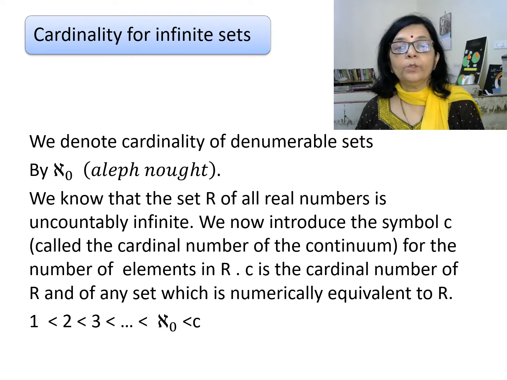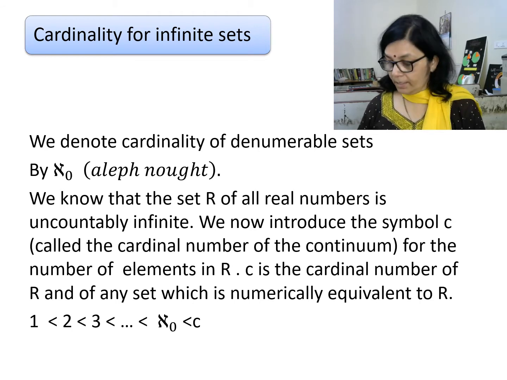We now introduce the symbol C, called the cardinal number of the continuum, for the number of elements in R. C is the cardinal number of R and of any set which is numerically equivalent to R. 1 < 2 < 3 and so on < aleph naught < C.